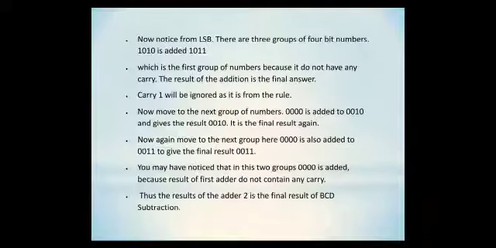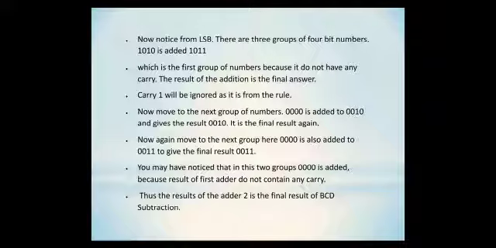Next, notice that from the LSB, the least significant bit, there are three groups of 4-bit numbers. 1010 is added to 1011, which is the first group, because it does not have any carry. In the final answer, if we carry 1, it will be ignored, as per the rule.